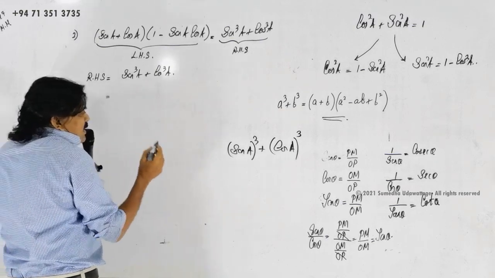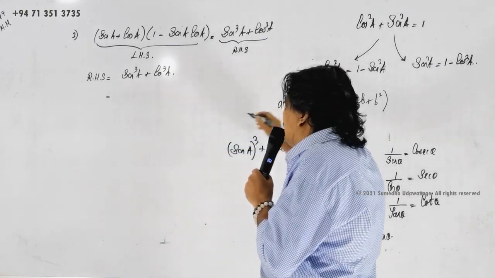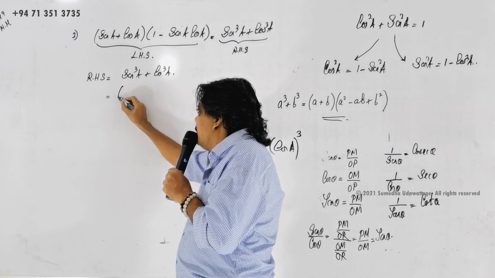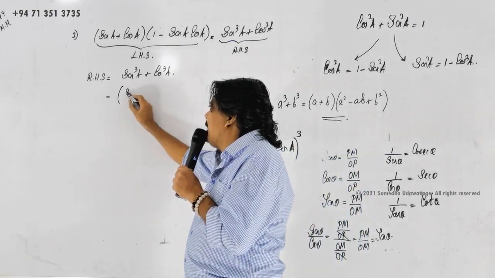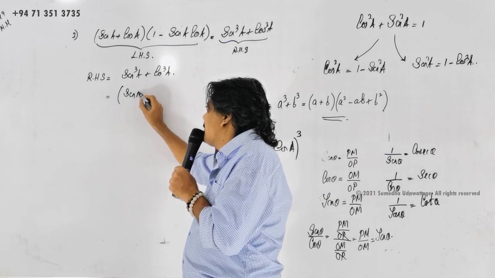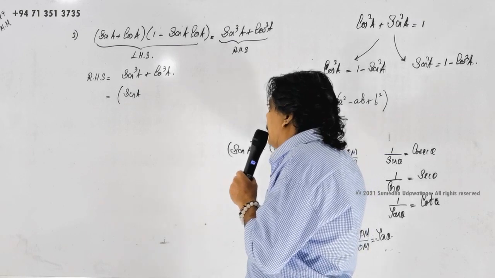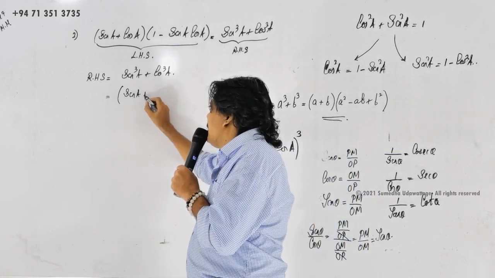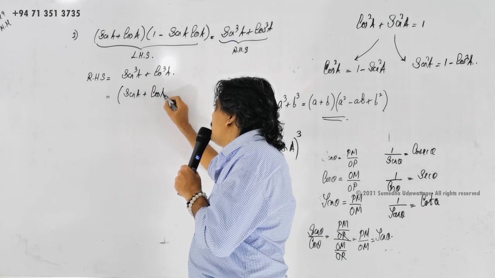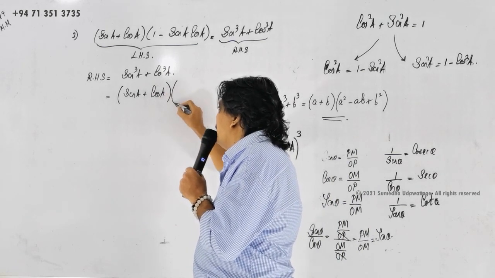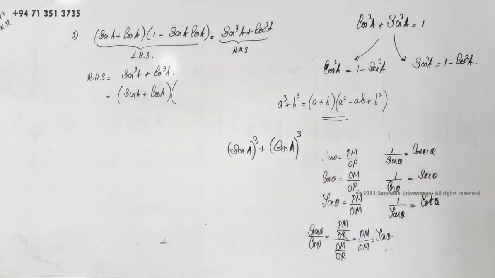Then putting it into factors, when it is A cubed plus B cubed, the first factor: sine to power 3A, you get sine A. When it is plus here, cos to power 3A, you get cos A.